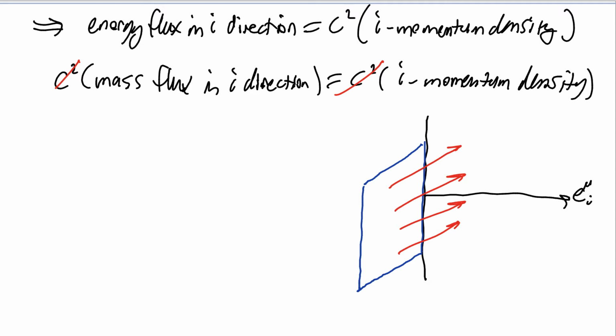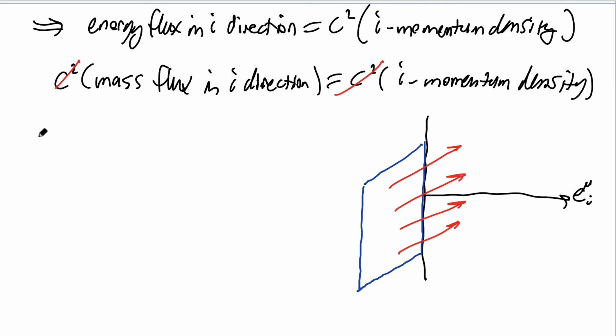And by the way, when we say the mass flux in the I direction, this is just a shorthand way of saying this is the mass that flows across a surface perpendicular to the ith basis vector. So it's not really a flux in the I direction. It's a flux across a surface perpendicular to the I direction.